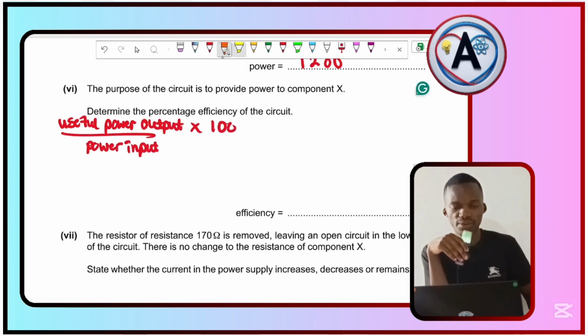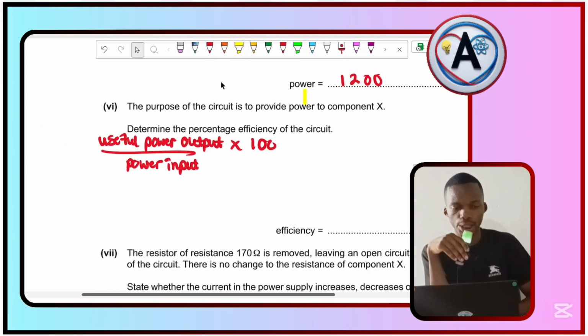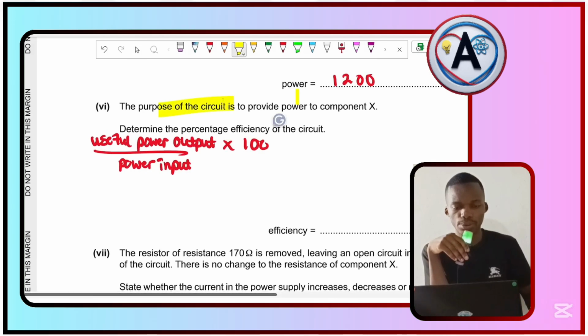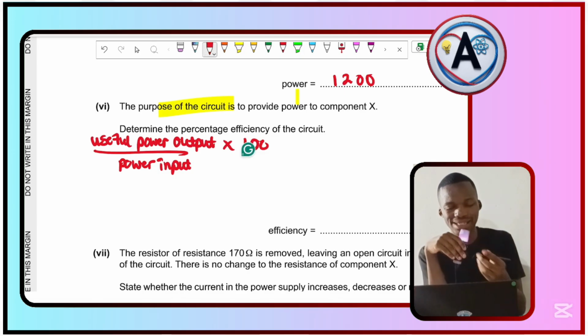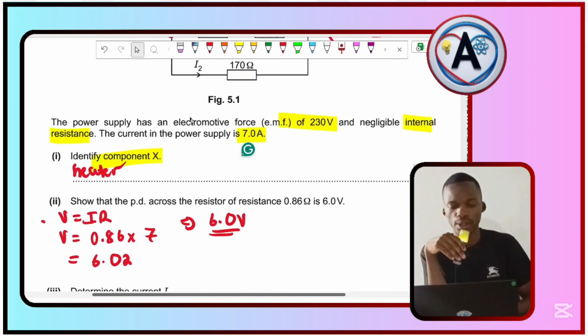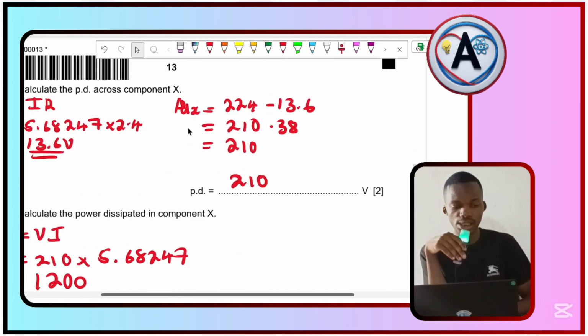The circuit itself is powered by that little battery that you were seeing over there, that little power source that was saying 230, right? That was the power source powering all of that. So the power input itself is going to be VI as well. So it's 230 times 7 that's coming out. That's the power that we are essentially getting.